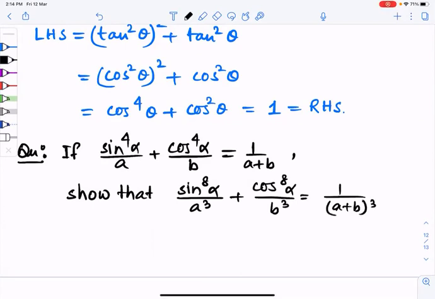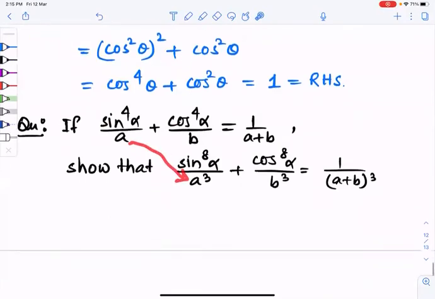Okay, so we have this sin power 4 here, cos power 4, and from there I have to get sin power 8 and cos power 8 like this. And also I should get a to a cube and so on. So let us see how to solve it.